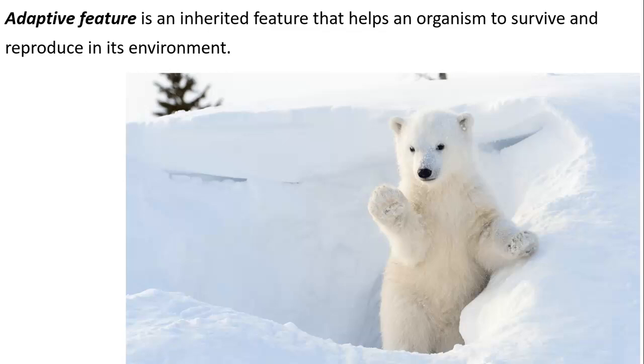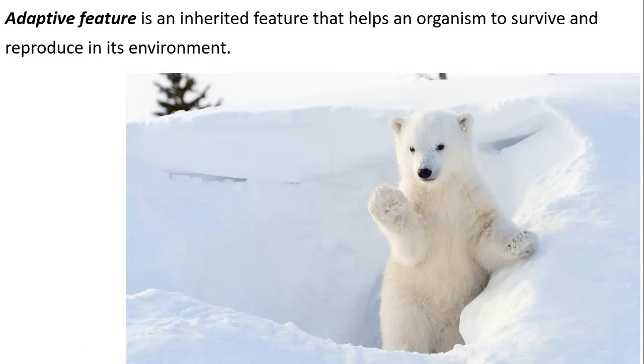Of course, the color of its fur. The color of its fur helps the bear to camouflage in the environment, so it won't be hunted and eaten. Also, it helps the bear to stay warm in this very cold weather because of the very thick fur.